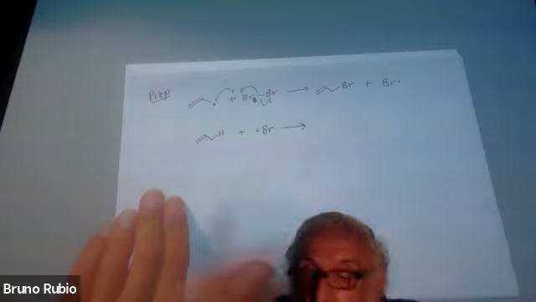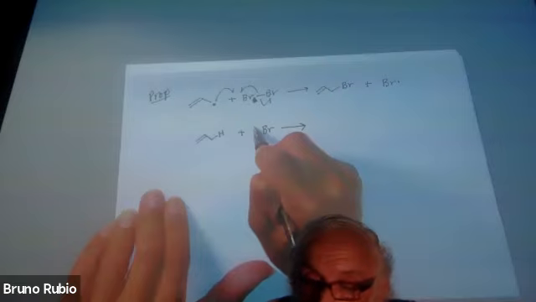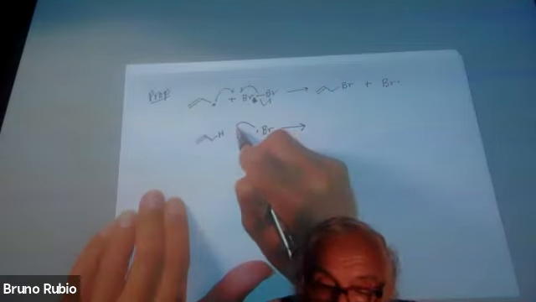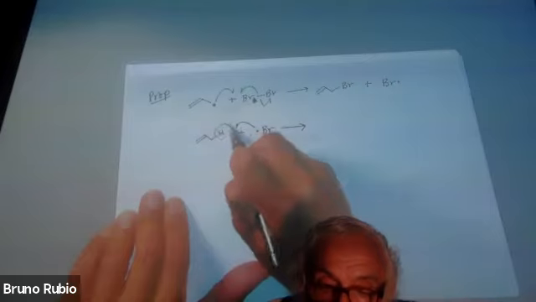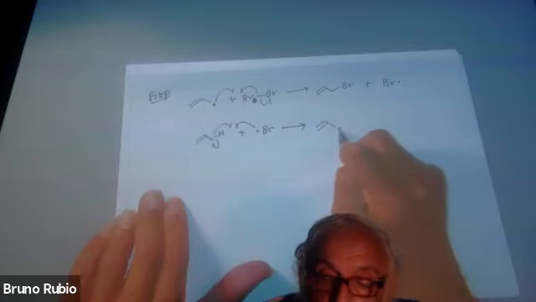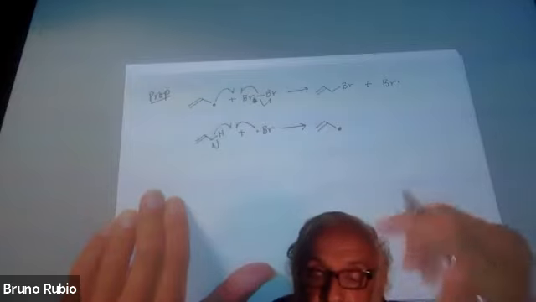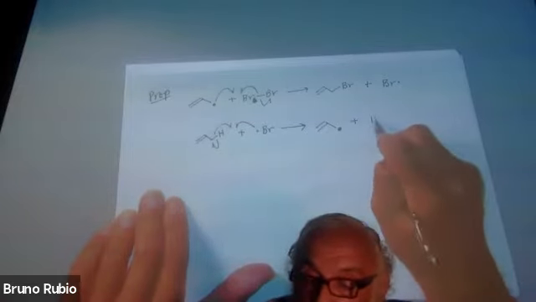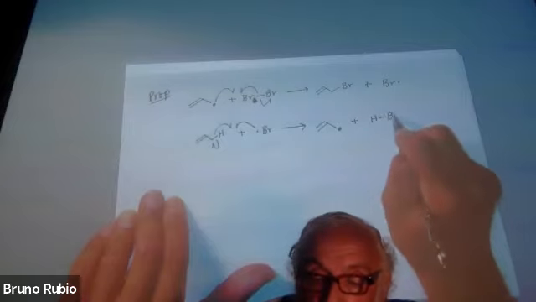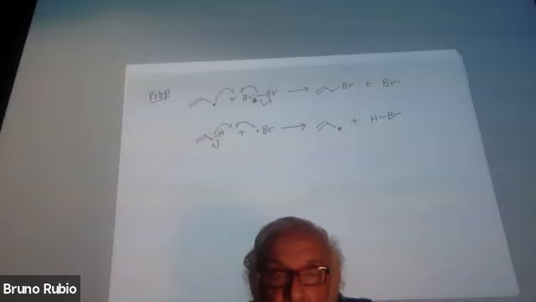And so now the Br dot is hoping to complete its octet, and so it breaks this bond, fishhook arrows here, and we get more chain-carrying, self-sustaining allylic radical that's going to feed into the first propagation step, and the other product of this reaction would be HBr. Okay, so that's the complicated mechanism of NBS in the absence of the radical initiator.